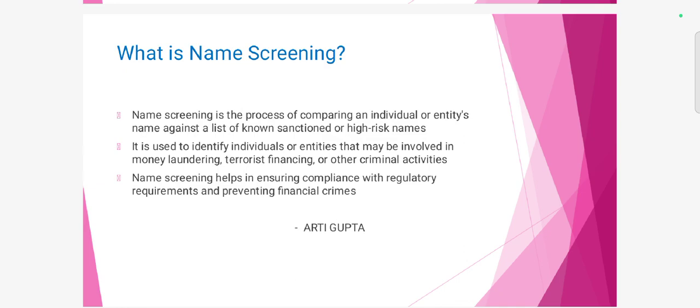In a sanctioned list, individuals or entities are sanctioned by the regulatory bodies if they are involved in any illegal activities, like financial crime, fraud, bribery, corruption. At that time our regulatory bodies impose restrictions on the individuals, country, or those entities. So through name screening we can identify those types of clients.